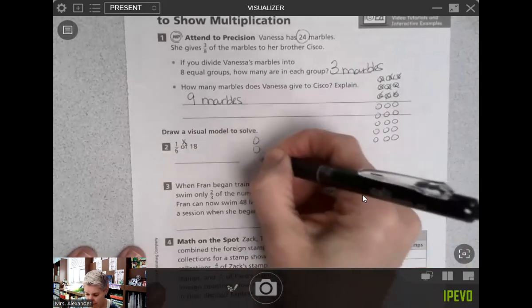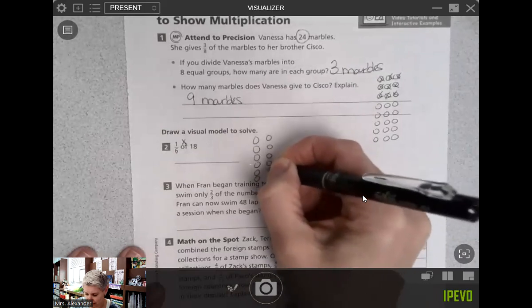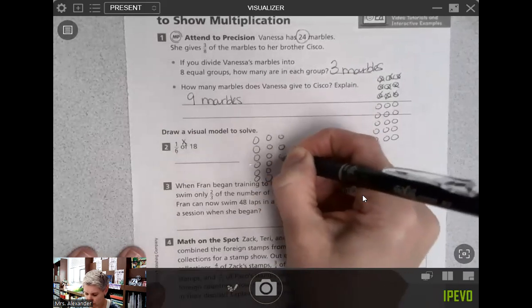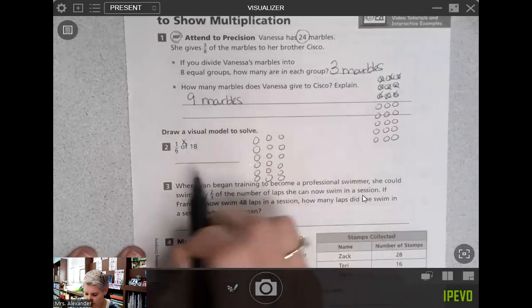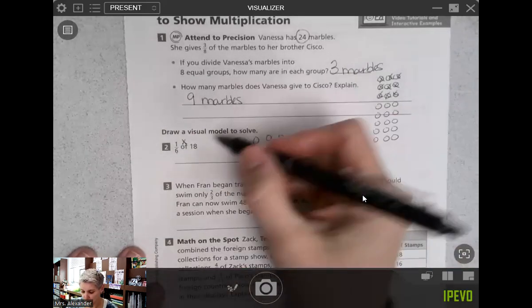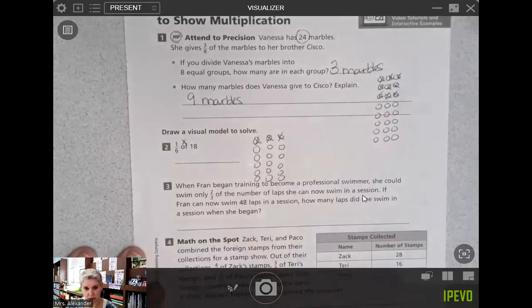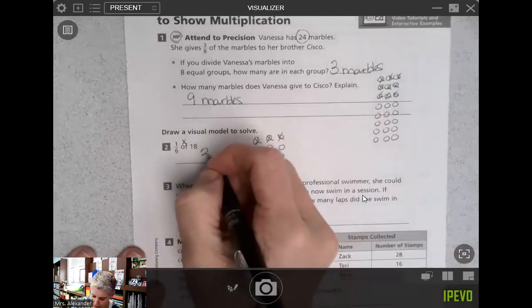So I'm going to have 3 groups of 6 to give me my total of 18. 1 out of every 6. So if I have 1/6 of that 18, I have 3.